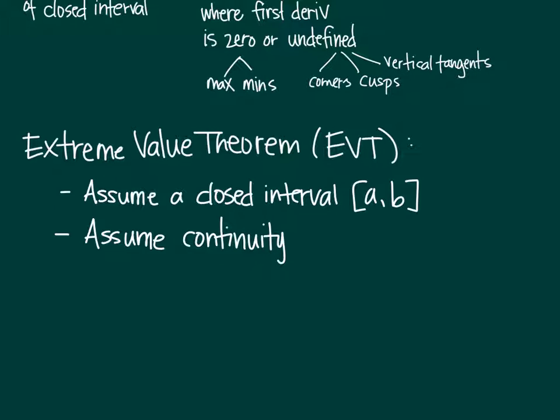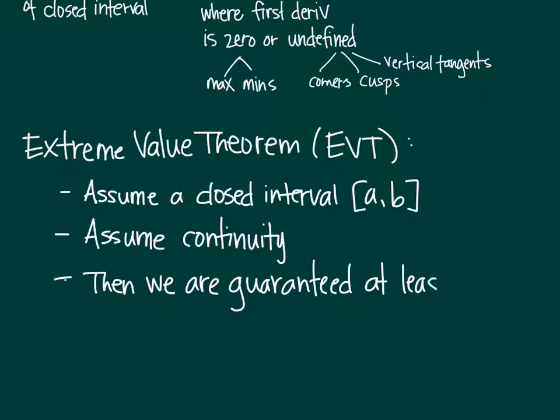If you have a closed interval, and if you have continuity, the extreme value theorem says, okay, then we are guaranteed at least one max and one min on the interval, or within the interval is a better way to say it.